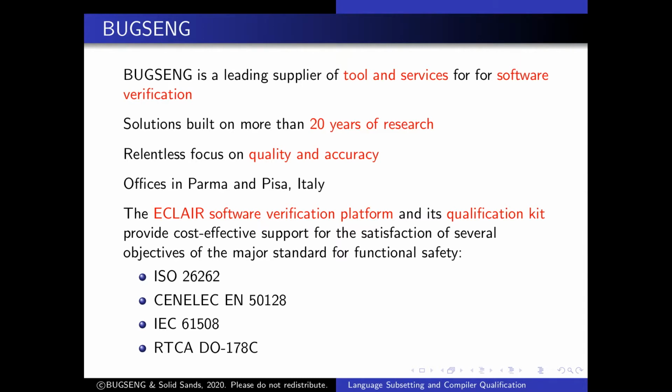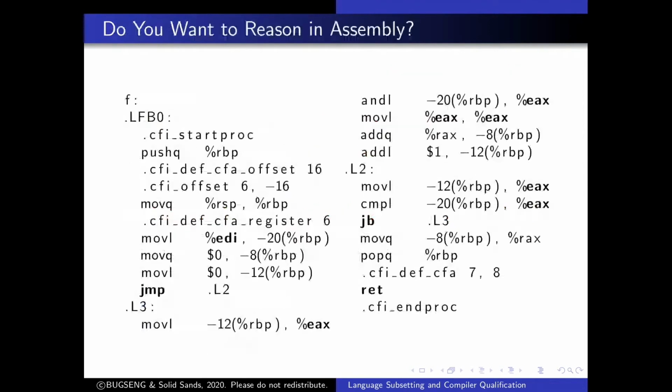We have offices in Parma and in Pisa, and the Eclair software verification platform, which is our main product, with the associated qualification kits, provide cost-effective support for satisfying several objectives of the major standards for functional safety, so ISO 26262 and the others that you see in the slide.